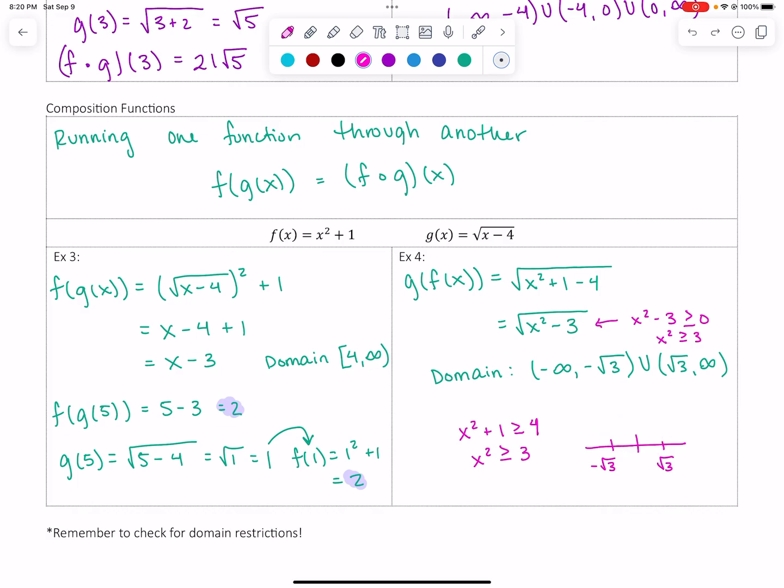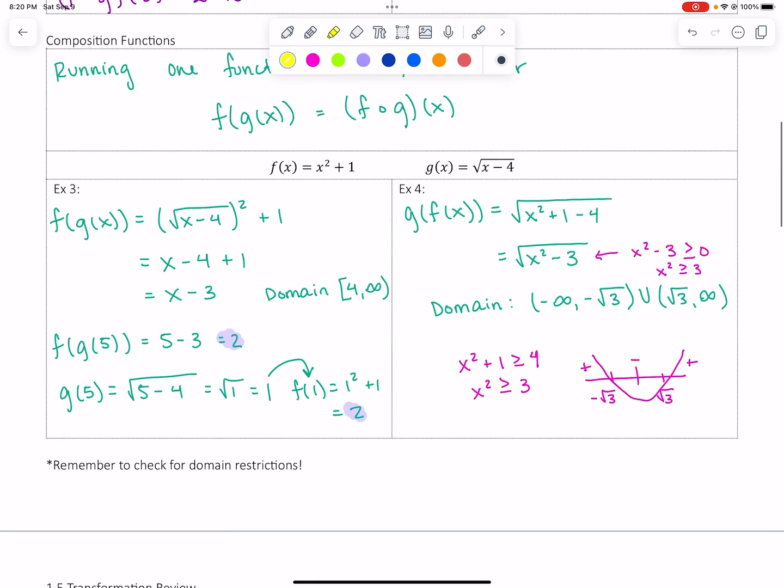So we have positives, negatives, and positives. And that's one way that you can think about it. So the main thing that you want to remember is that your composites have to go in order, right? Remember to check those domain restrictions: what order are they going into?